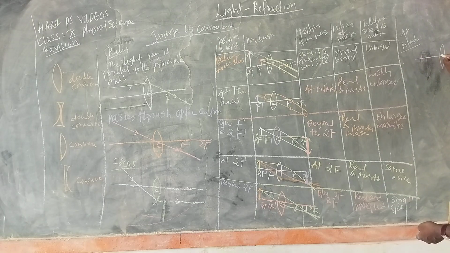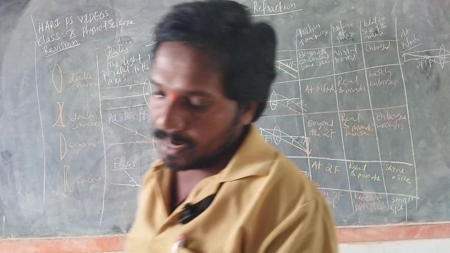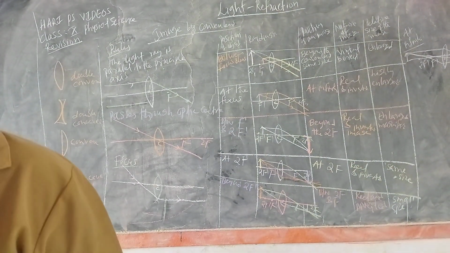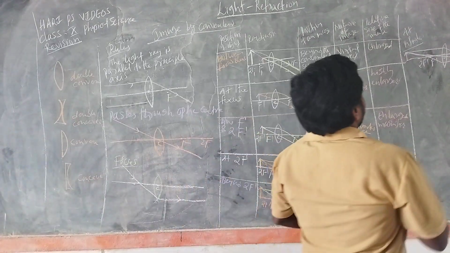Lens, principal axis, optic center, the object is somewhere at infinity. Take f and 2f. Where is the image of the object formed? It is exactly formed at f.